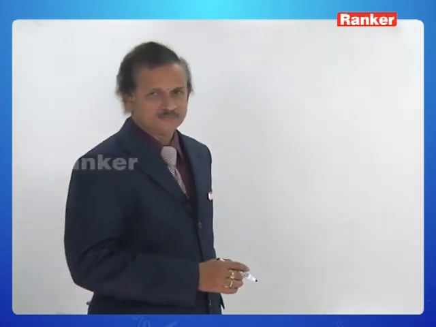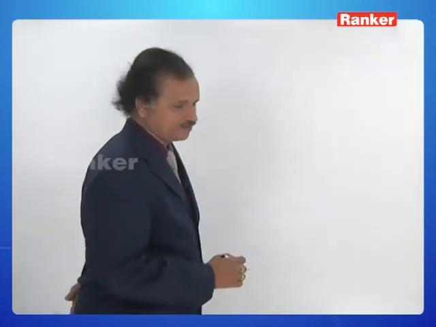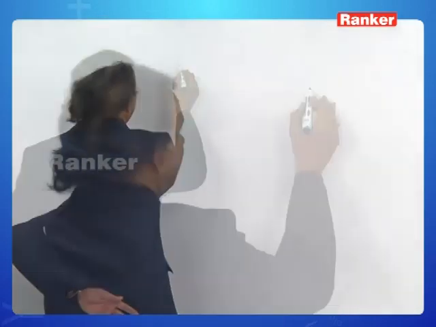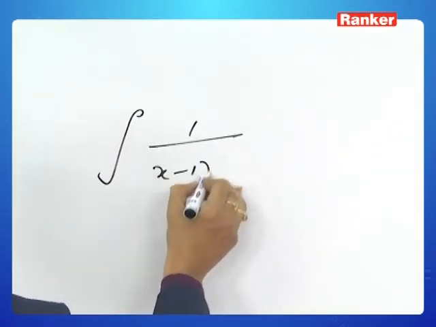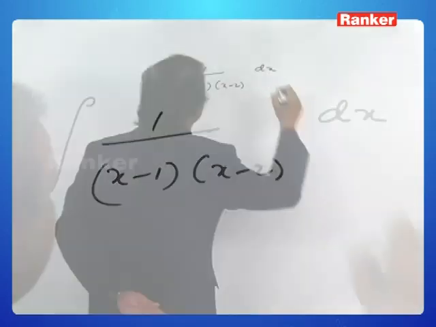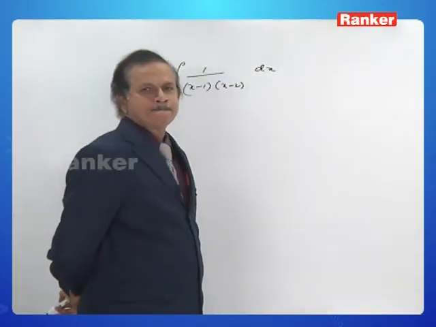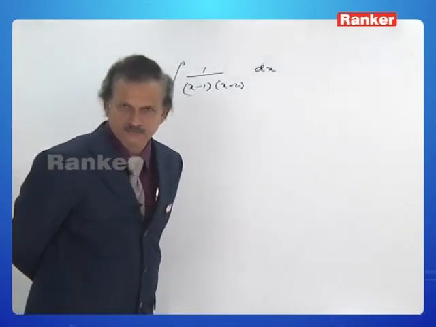And in this process, there is another angle of observation. What I mean to say is, you calculate integral of 1 by x minus 1 into x minus 2 dx.